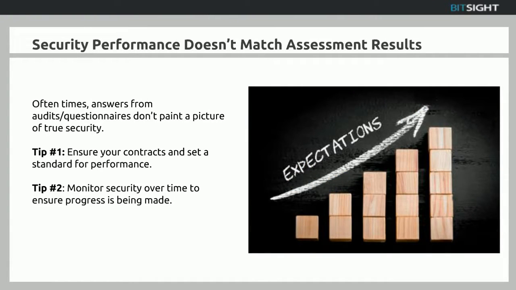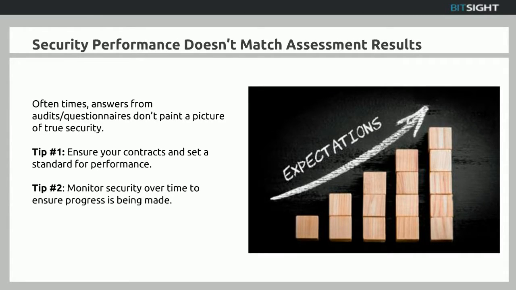So another scenario is, security performance doesn't match the assessment results, right? So this is where you've gotten an assessment back, and the vendor seems to check out on various aspects that were covered in the assessment, but an alternate approach, such as the BitSight security rating, tells you something different.